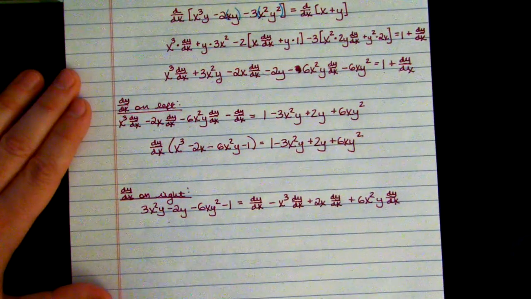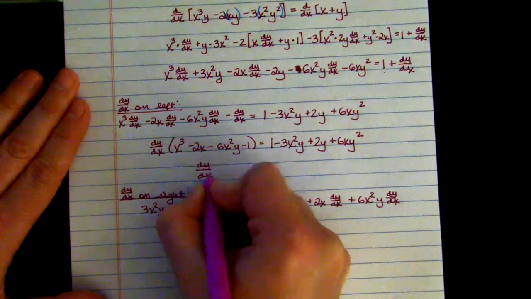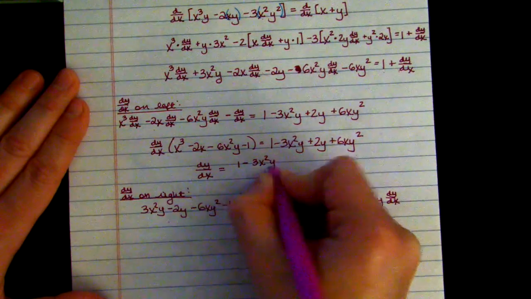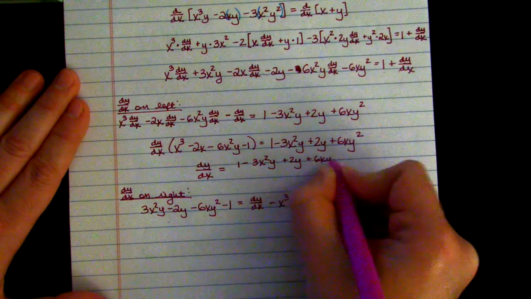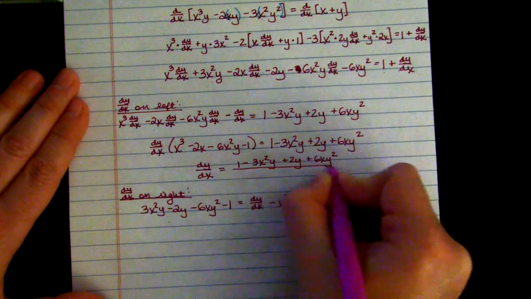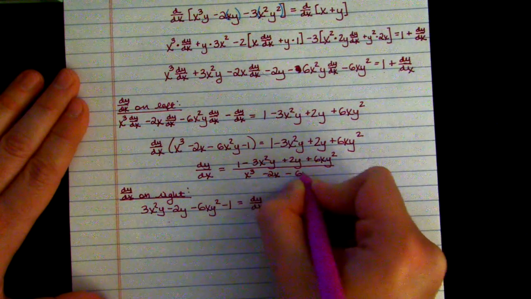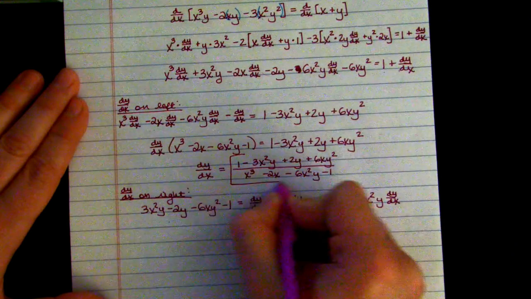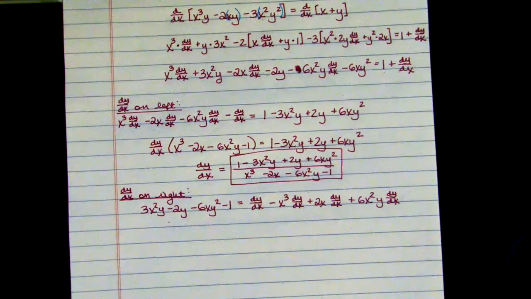I might as well just finish this and get my formula. dy/dx equals (1 minus 3x squared y plus 2y plus 6xy squared) over (x cubed minus 2x minus 6x squared y minus 1). And that's my formula for the derivative.